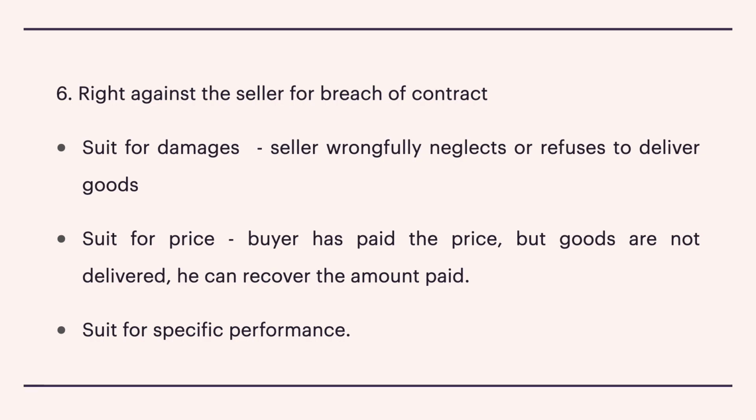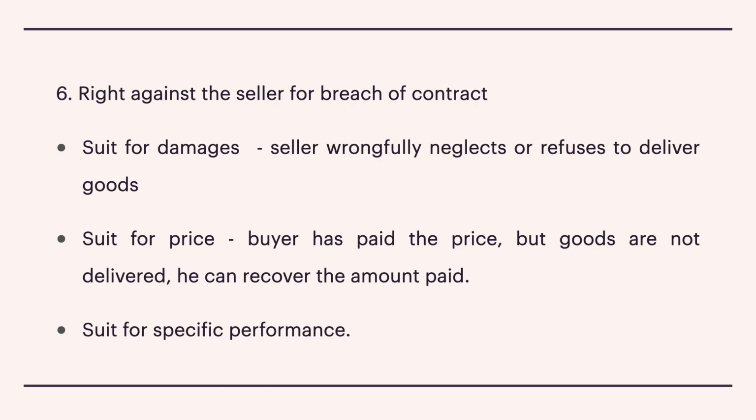Let's say the entire contract is for rupees 1 lakh. Rupees 1 lakh the buyer can claim from the seller. Why? Goods are not delivered. Price is paid, but goods are not delivered. So what does the buyer do? He tells the seller, please give me back the money or the consideration that I have paid for the goods.